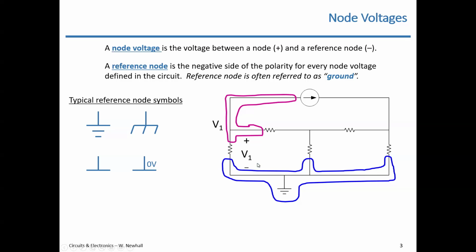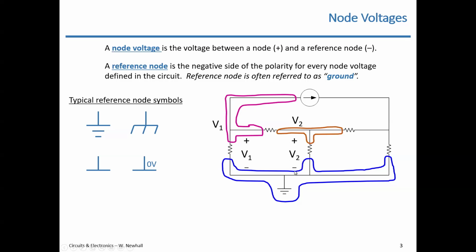If I define a node voltage V2, I can write that voltage right next to this node. Just put it close to a node, it applies to the whole node. And that's going to be the node voltage of this brownish node here. It's the entire connection between those resistors. The positive sign for V2 goes right next to that node. The negative sign goes at the ground node, at the reference node.